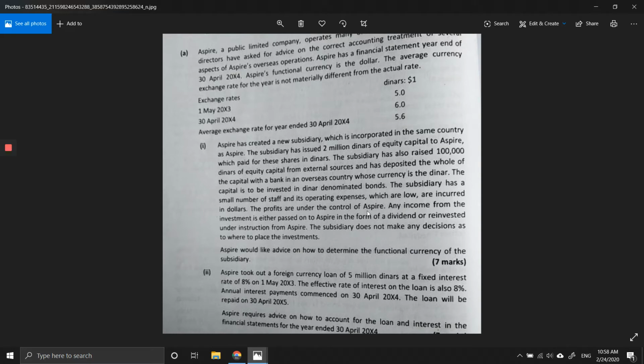Profits are under the control of Aspire. Any income is passed on to Aspire. So the subsidiary does not make any decision on where to place the investments.